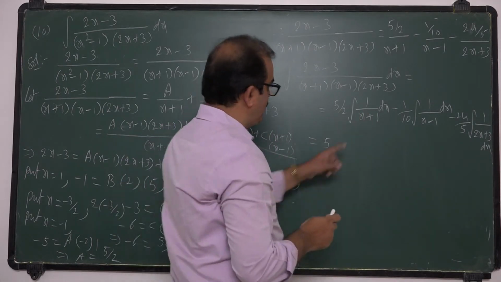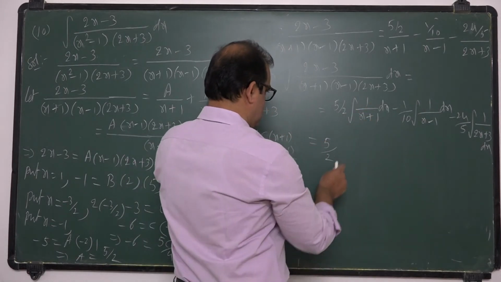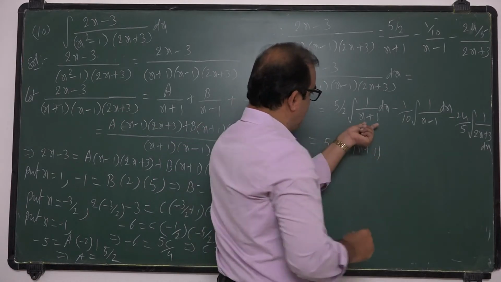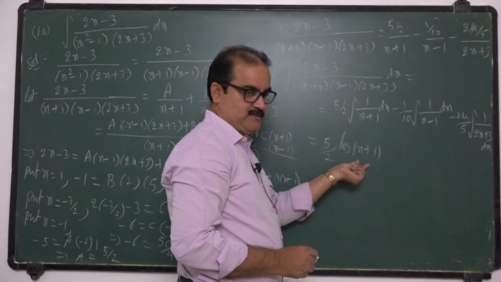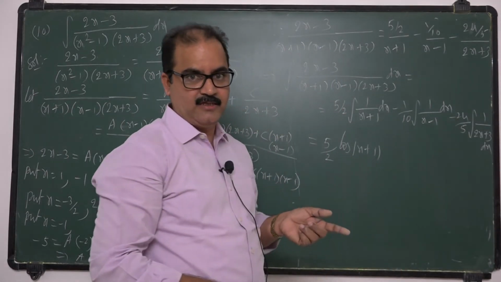It is in the form of integral 1 by x dx, that is log mod x. Here it is log mod x plus 1 by derivative of x plus 1, that is 1. In denominator, if it is 1, there is no need to write.